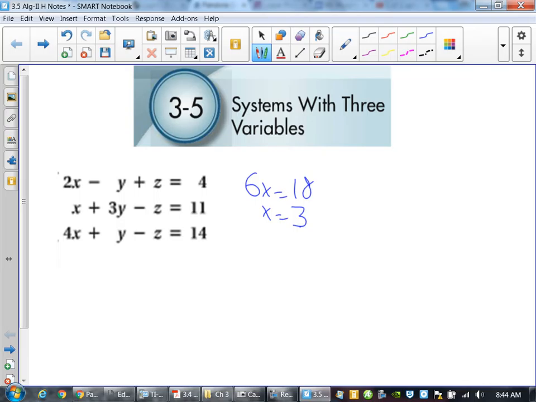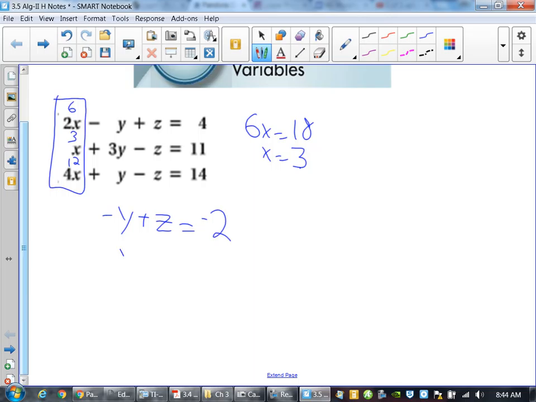Then you could put the 3 into all of these, so then you have a 6, a 3, and a 12. Moving stuff around, you have negative y plus z is negative 2, so y minus z is 2, so y is z plus 2.